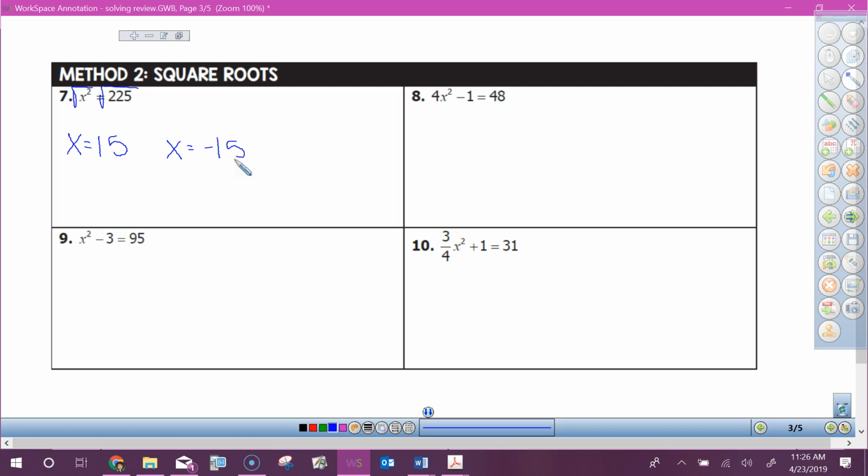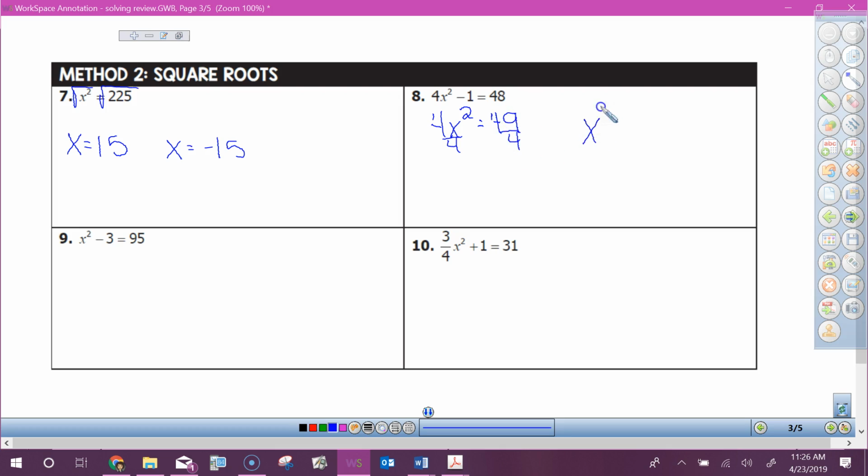Okay, if I'm looking at 8, what's my first step? Add 1. So 4x squared equals 49. Then what? Divide by 4. Now, are these both perfect squares?